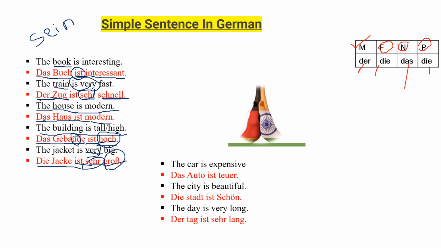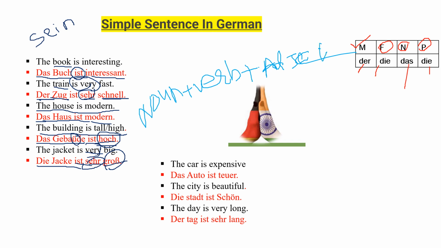These are very simple sentences, right? What you can understand from here is that we are having a noun, then a verb, plus an adjective. Suppose we are making the questions: the book is what?